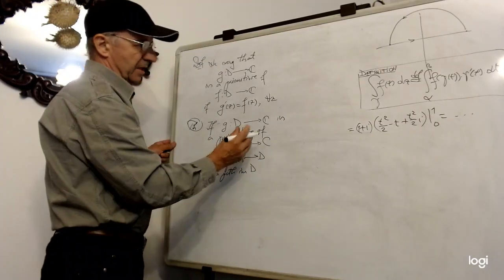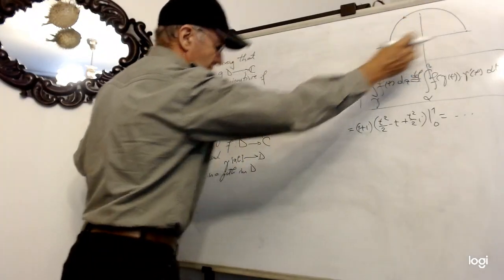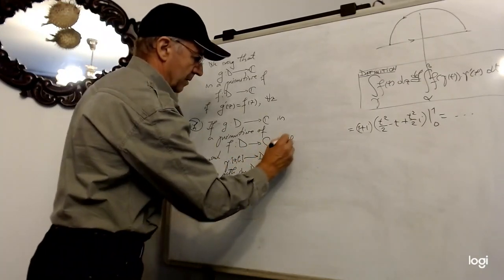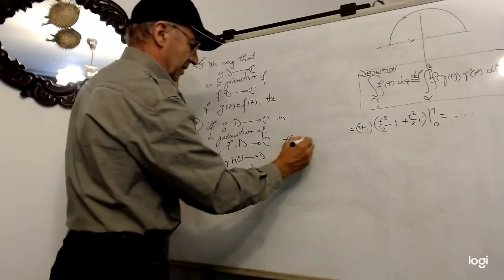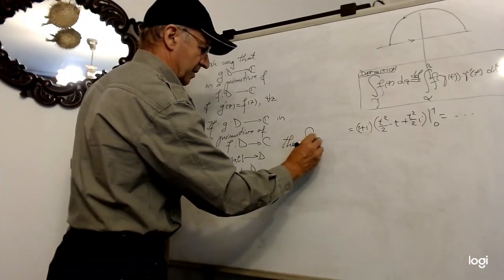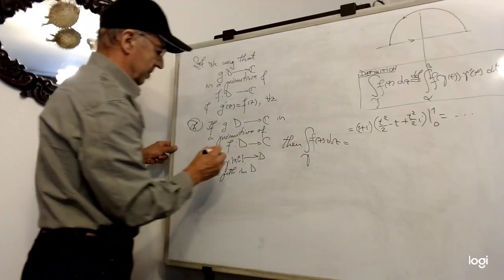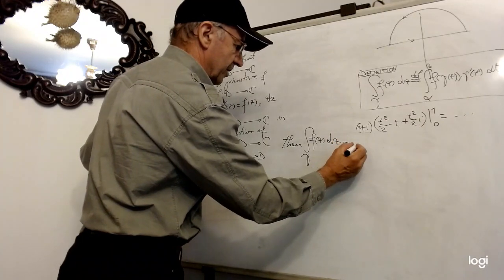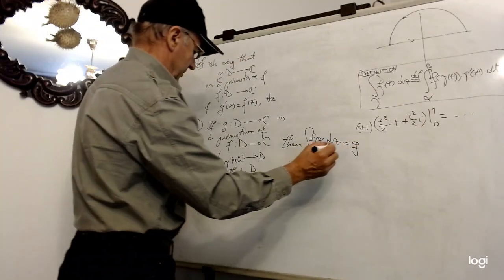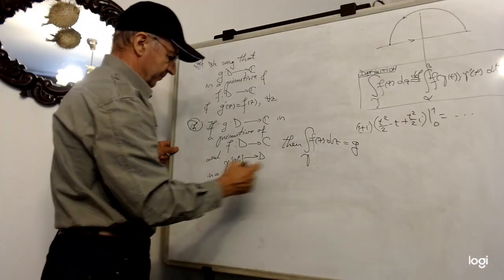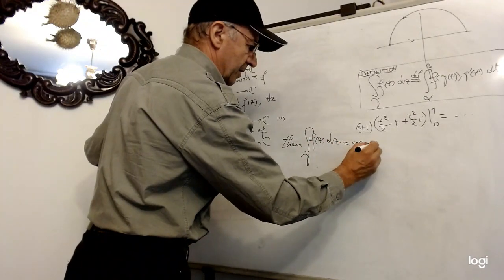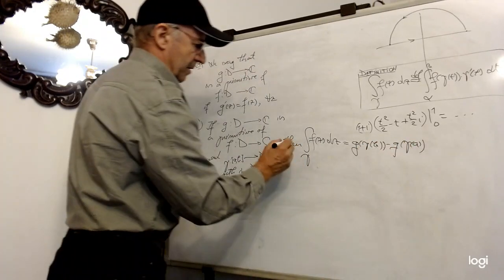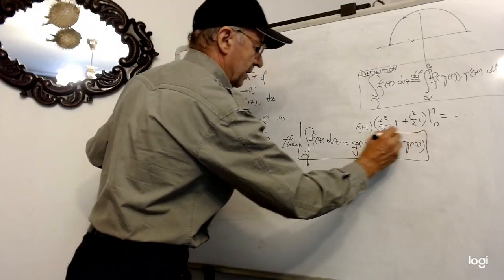We consider only paths of class C1 or paths composed from such paths. Then the integral along gamma of f of z dz is the value G of gamma of b minus G of gamma of a. We have such a formula.